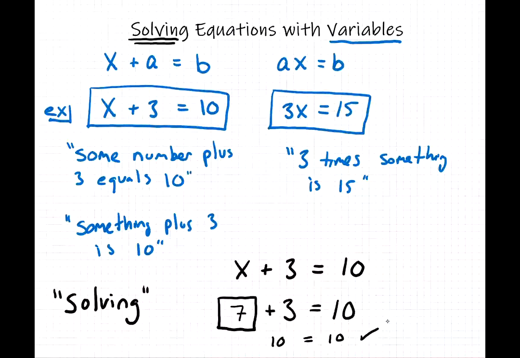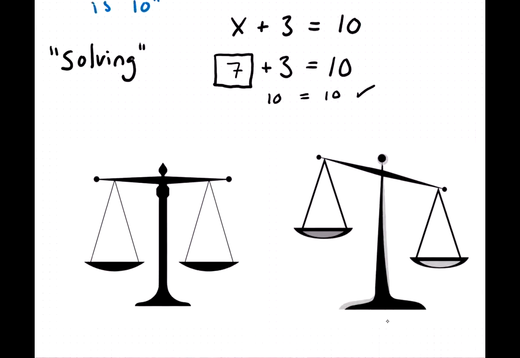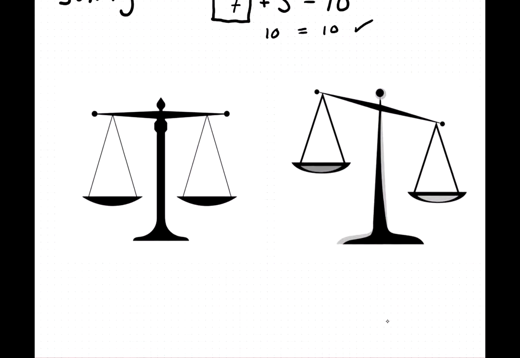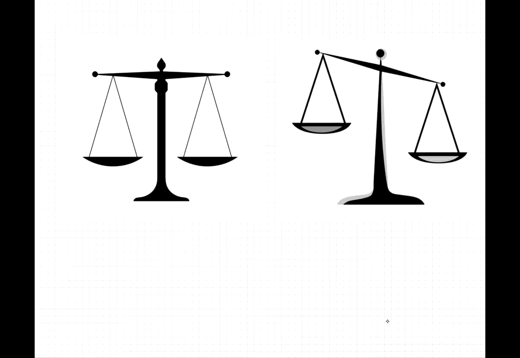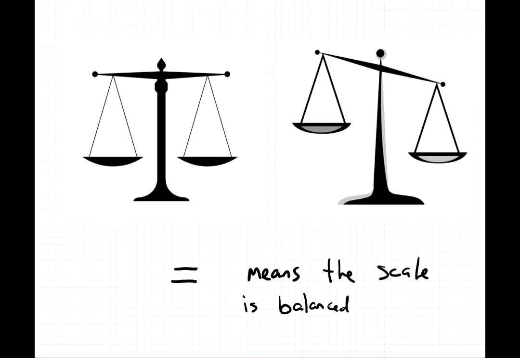Okay, so I think a really illuminating visual metaphor for equations is a scale. So I have these two images of a scale right here. And an equal sign, in the context of this metaphor, means the scale is balanced.